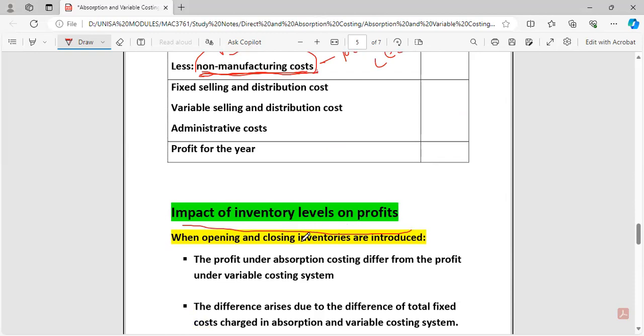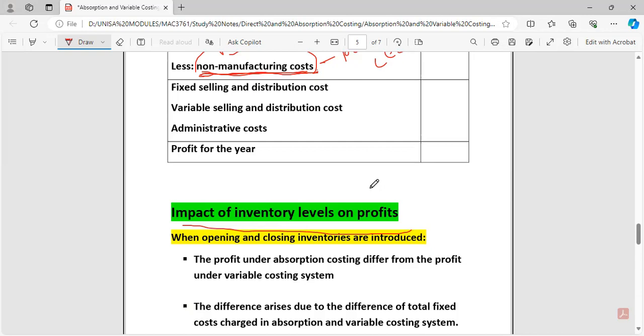Right. When we have opening and closing inventory, you will see that even if we have the same figures in the question, and we are required to calculate the profit using absorption and direct costing using the same figures, you are going to have different profits.